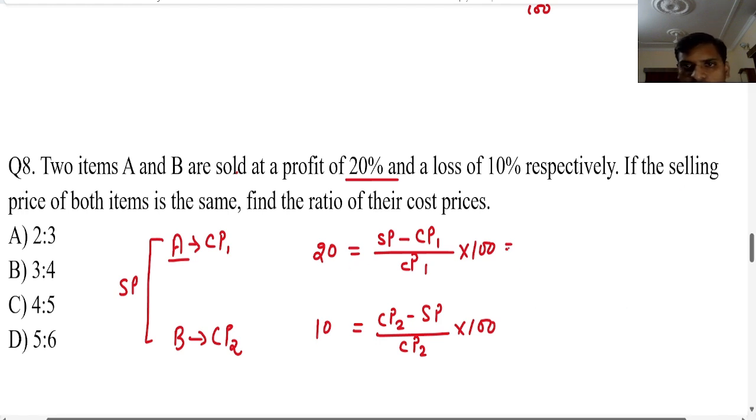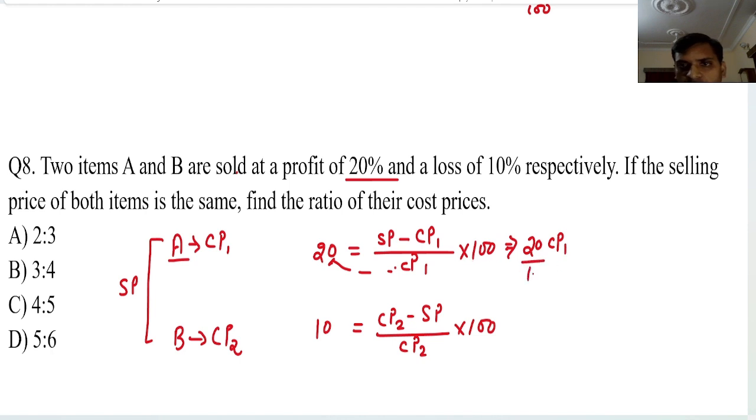From the first equation, 20 CP1 over 100 equals SP minus CP1.